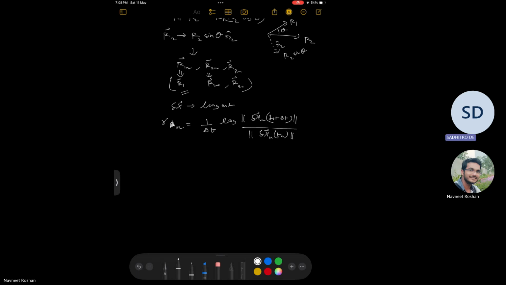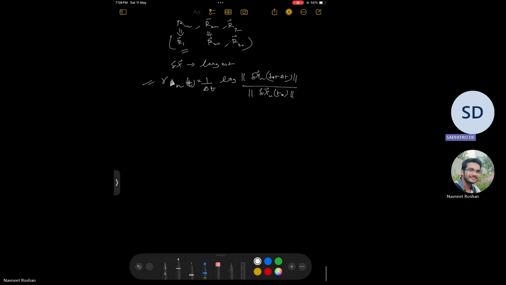Okay. And we vary t0 and calculate this at every instant of time. So instead of t0, we can call it t, and this is then gamma n as a function of t. So this is evaluated at every time step.